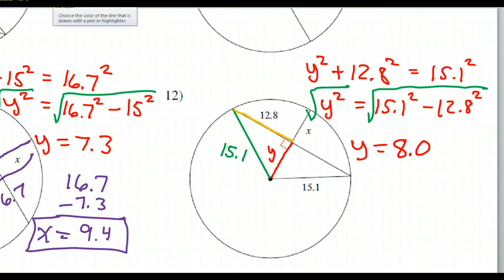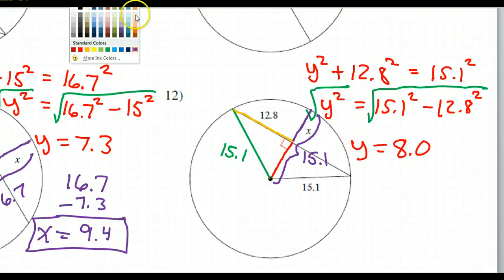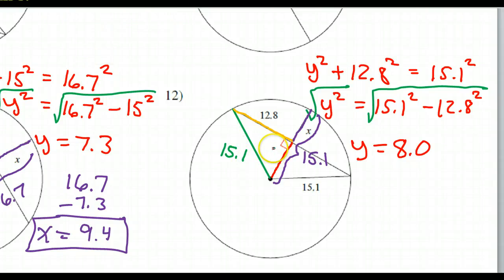But I will tell you this, if x is this purple part right here, but I know the total, the whole radius is, of course, 15.1, just like this is, just like that is. All radii are the same. So if this y part that I just found is 8.0, I'm just going to go ahead and fill it in there. I just found out that this was 8.